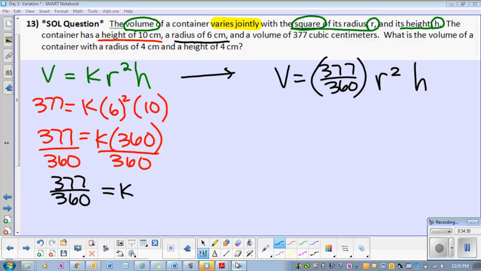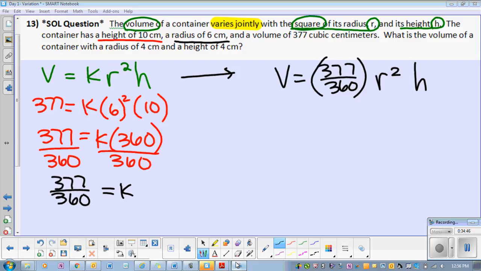It still holds true. Okay? They're not going to say square the radius every single time. They're going to tell you one time, and you use that equation, and they're just going to tell you what to plug in for your variables. Do you know what I mean?